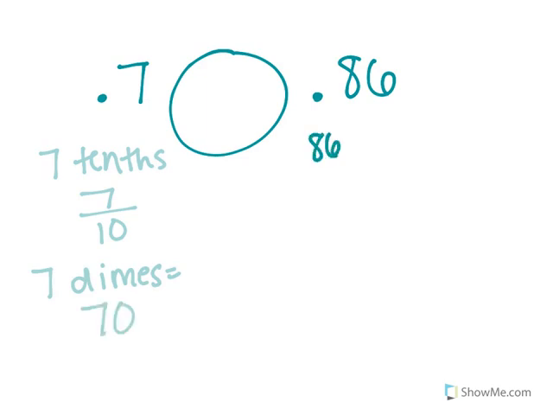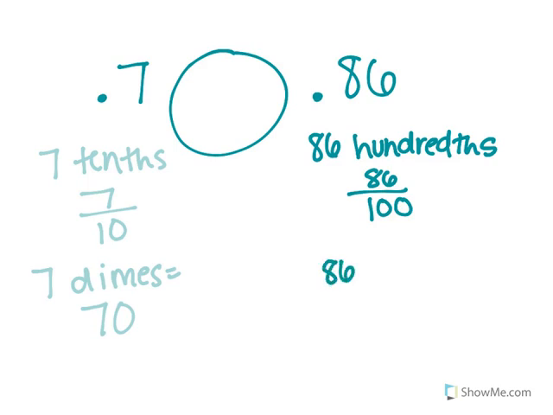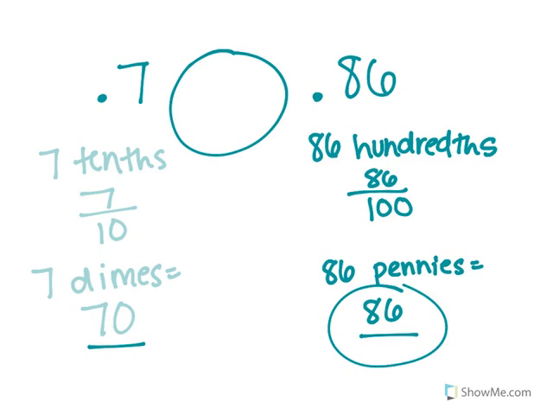This one right here is like 86 hundredths, which could be written as a fraction like this. Or you could think about it as 86 pennies, which would be what? 86. Which one's bigger, 70 or 86? 86 is bigger. So this one would be bigger.